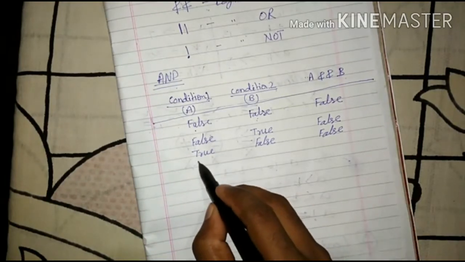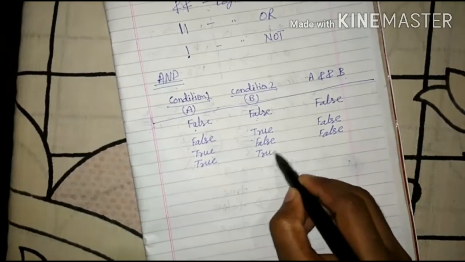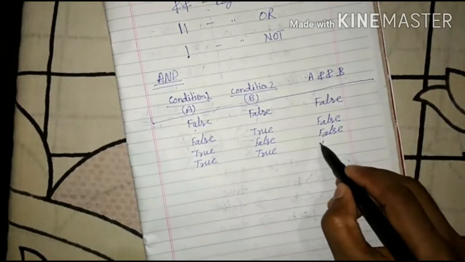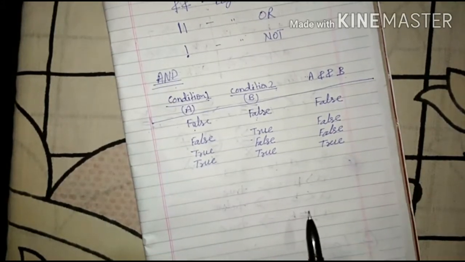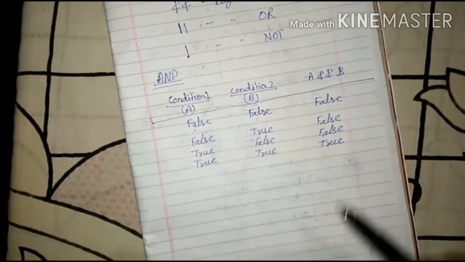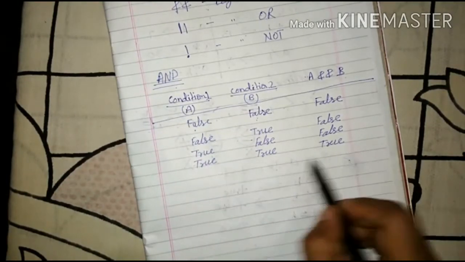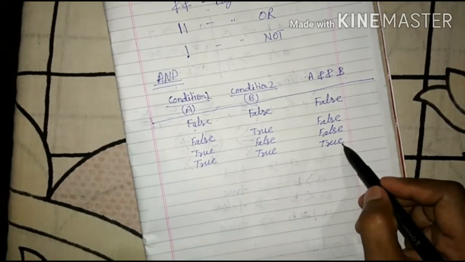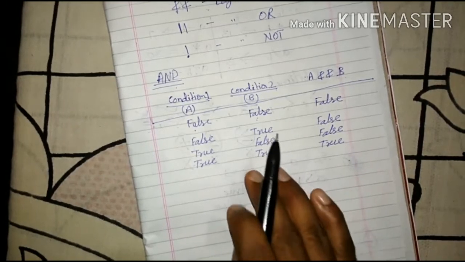If I write true and true, this will produce the result true. Here you can see when the AND logical operator produces true: if both the conditions are true, then the result will be true. This is the concept of the logical AND operator.